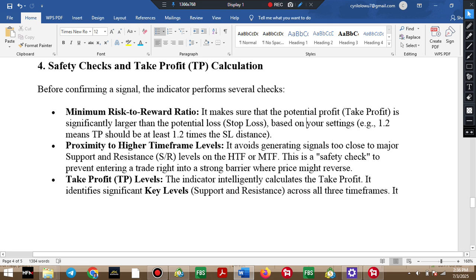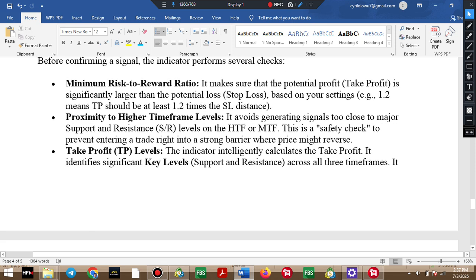Proximity to high time frame levels. It avoids generating signals too close to major support and resistance levels on the higher time frame or medium time frame. This is a safety check to prevent entering a trade right into a strong barrier where price might reverse.